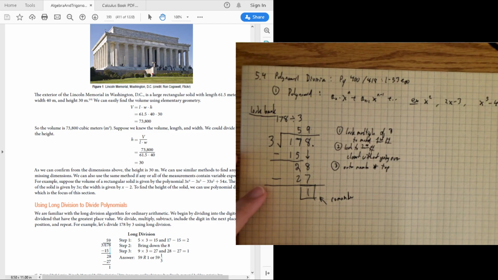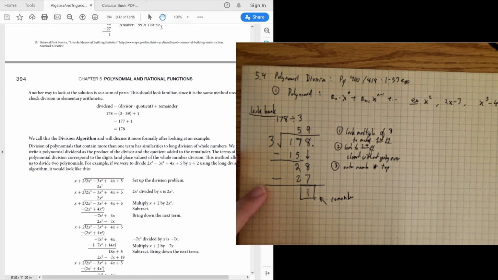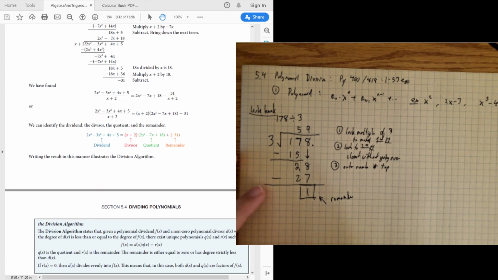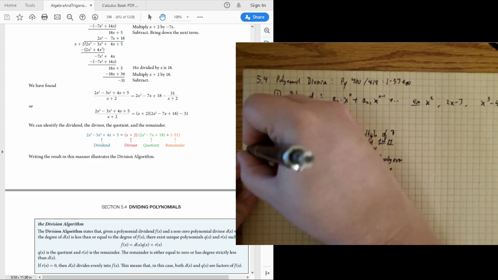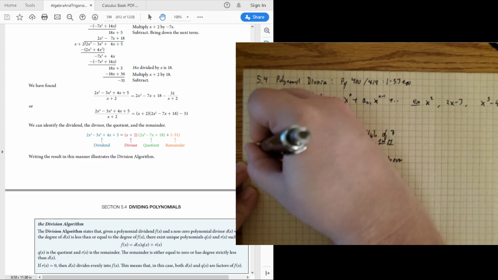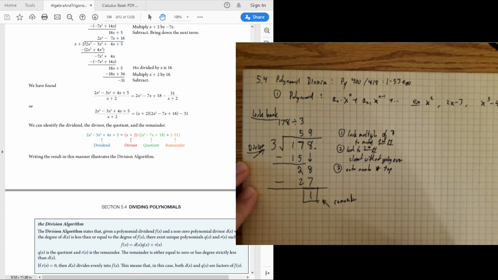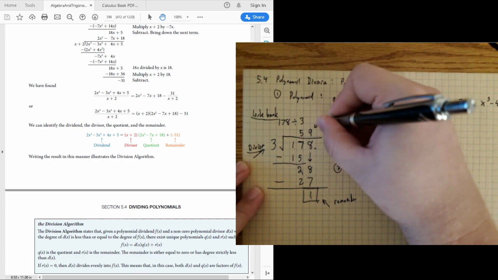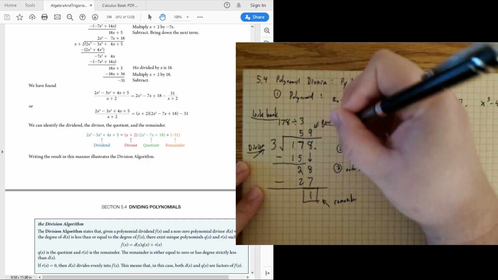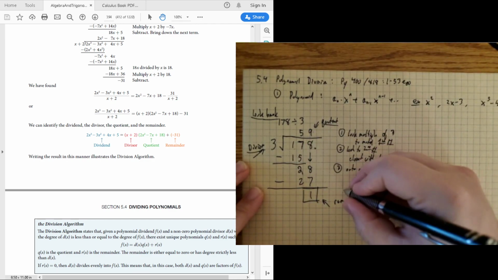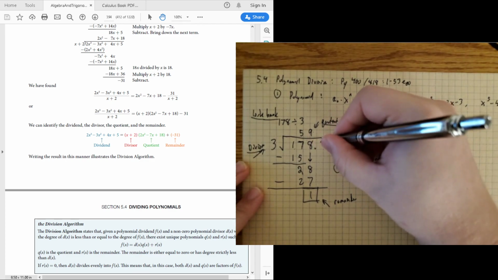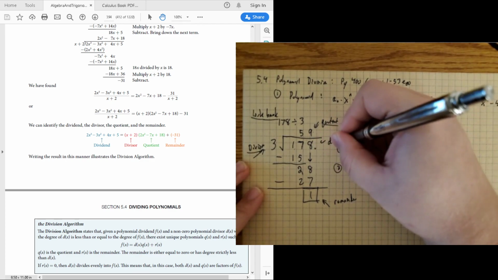The remainder is always this function that has a form that matches our particular values. So we have, as we can see here, the divisor, the quotient, the remainder, and the dividend.